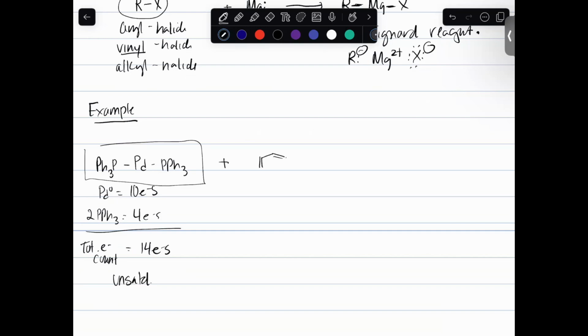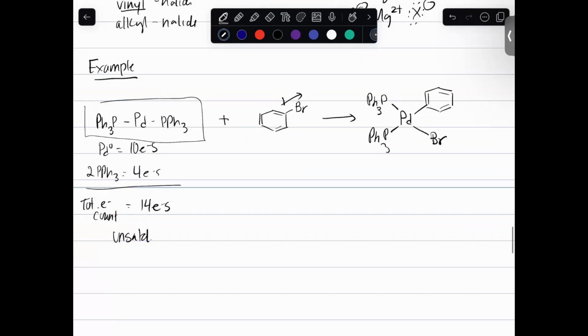Plus aryl bromide. This is a polar molecule. You can draw out the dipole. And just like with our Grignard formation, the palladium inserts itself between the aryl system and the halogen. Please notice that now my palladium has a 2 plus charge, d8 electrons.